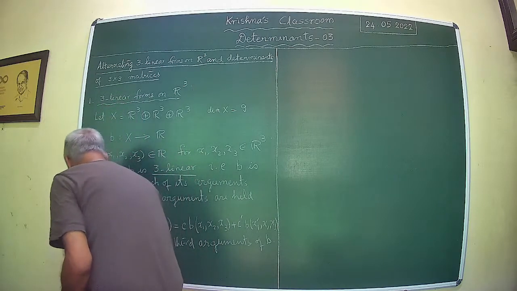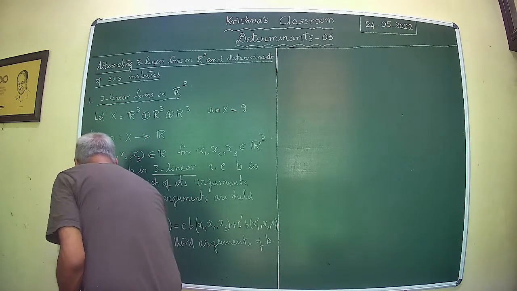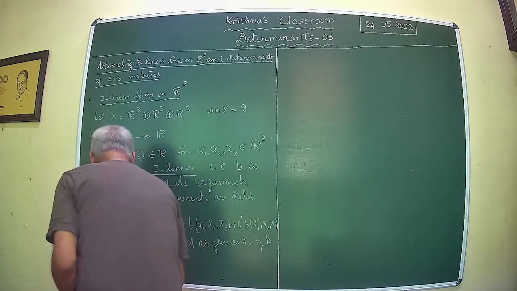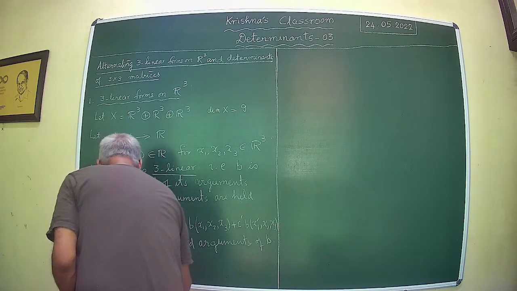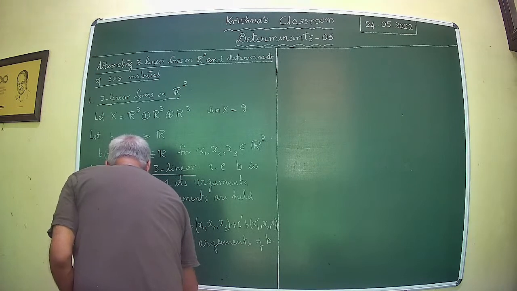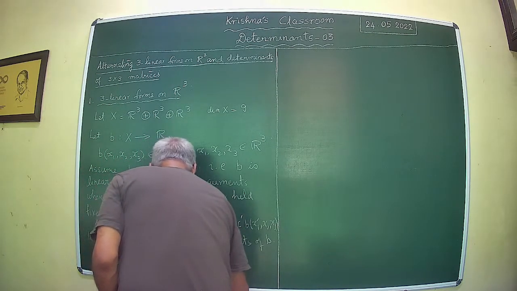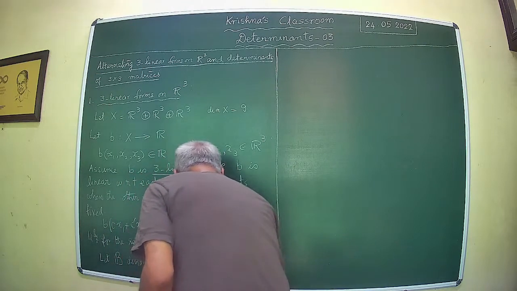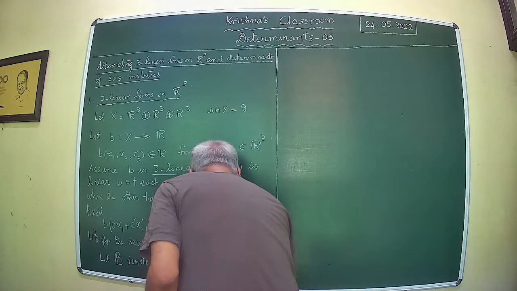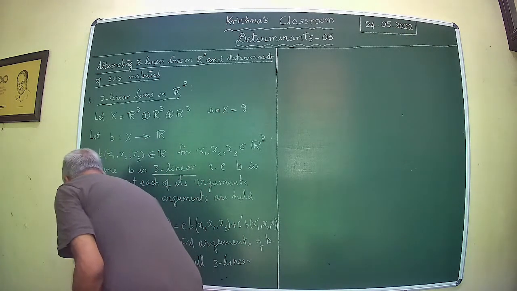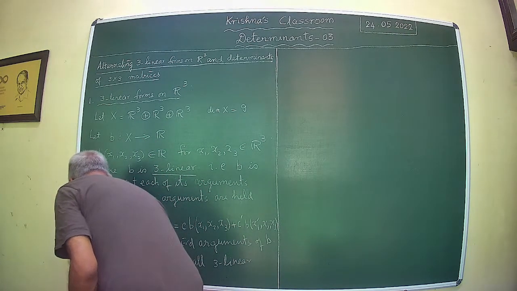So, let B denote the set of all three linear forms on R3.